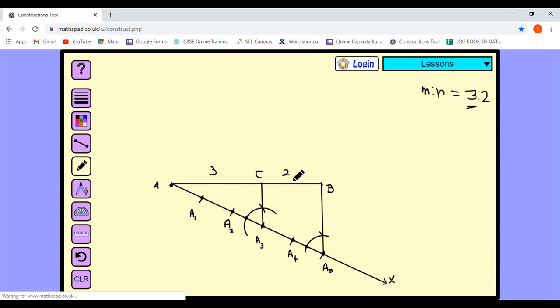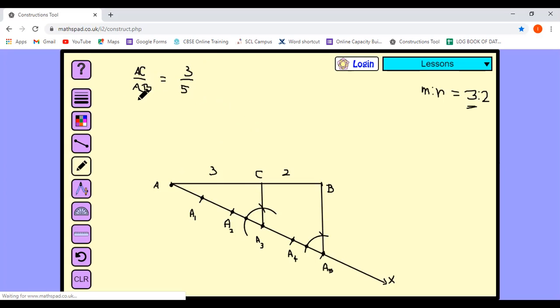Total is 8 centimeter and it is divided into 3 is to 2, isn't it? So now, what do we have over here? AC, the length, is what we have to find, isn't it? So AC by AB, the total, we are going to take. Okay, so AC by AB will be equal to 3 divided by 5, since AB is the total.